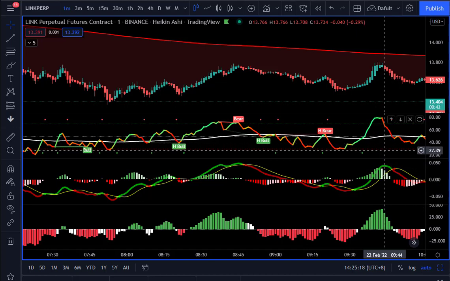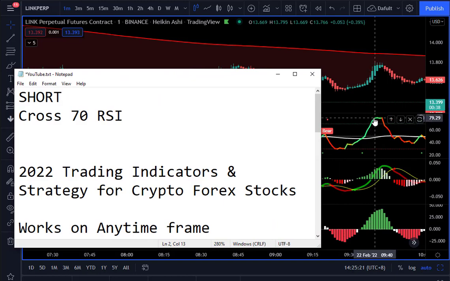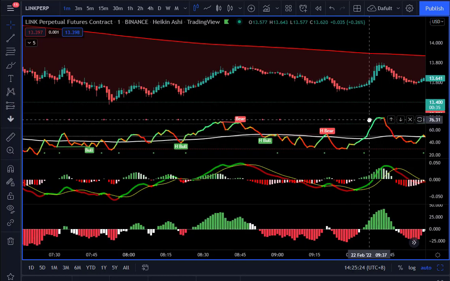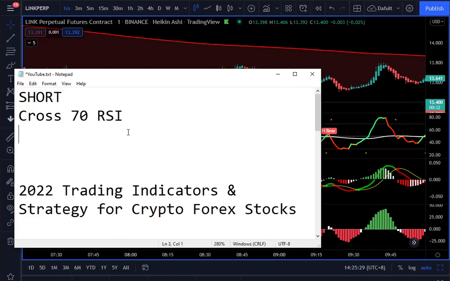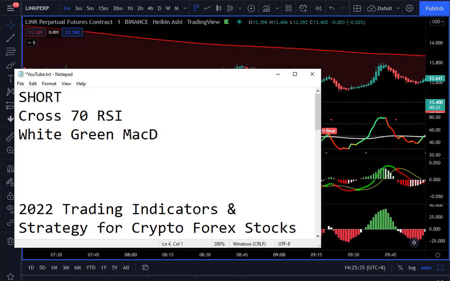So the three confirmations that you want are, first of all, it crosses the RSI 70. Then we are waiting for the white bar to appear on the MACD. I put here white green bar actually on the MACD. And then we're also waiting for the QQE to be green.